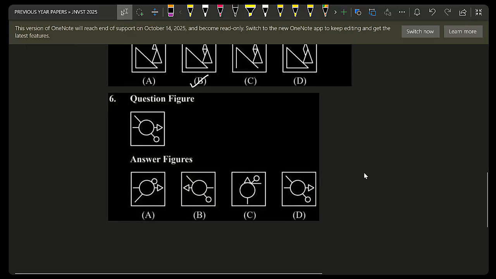Sixth one. Compare the question figure with the option figures. D is the answer, exactly looking similar to the question figure. Seventh one.